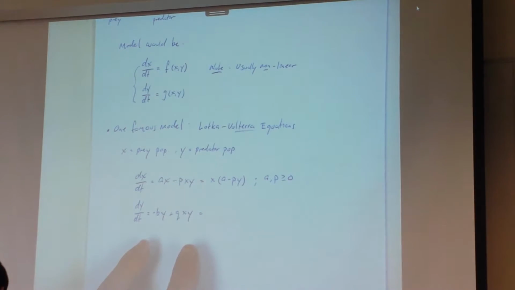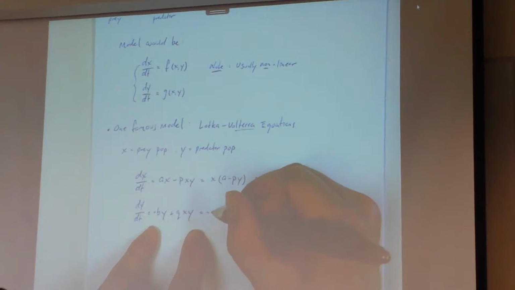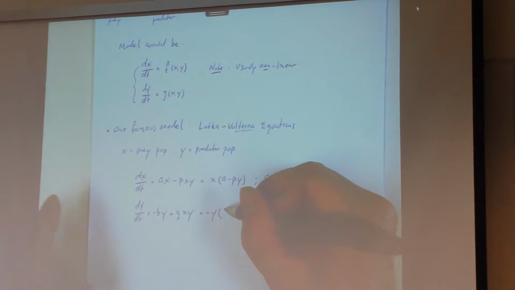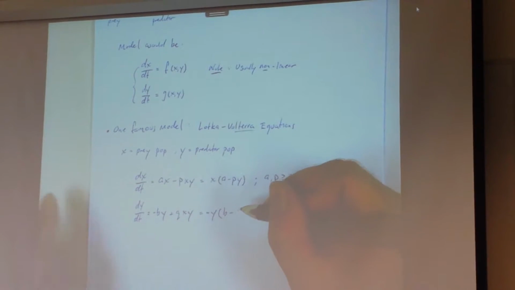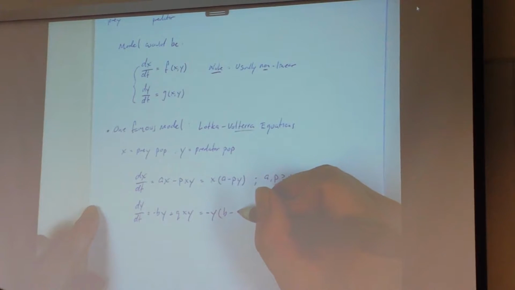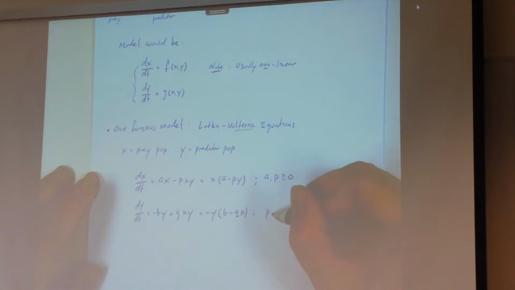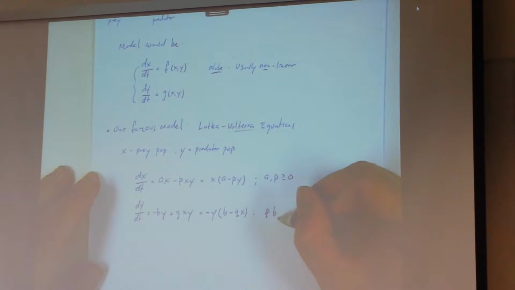In this one, if you factor out a y along with a negative sign, you write it in factored form, negative y times (b minus qx), where b and q are both positive. b and q greater than or equal to 0.